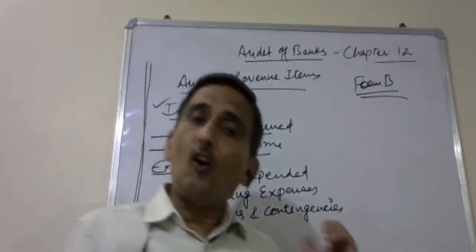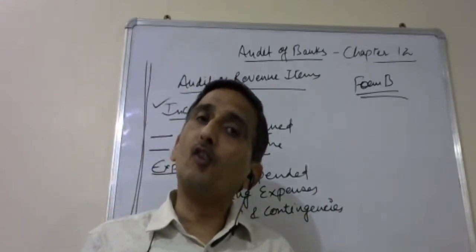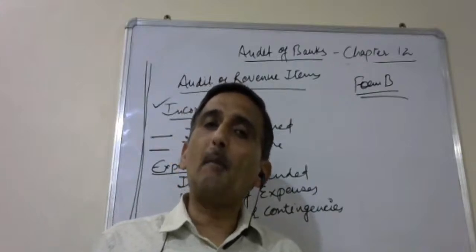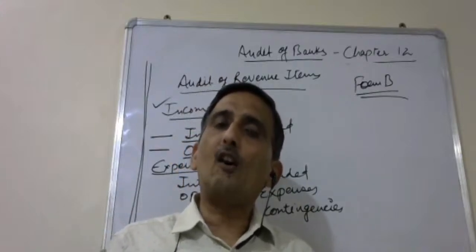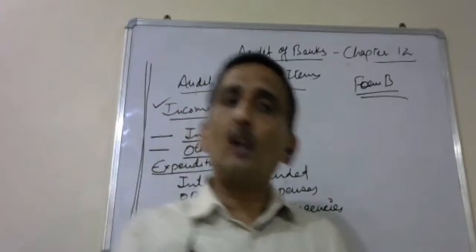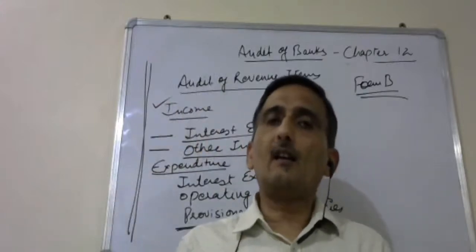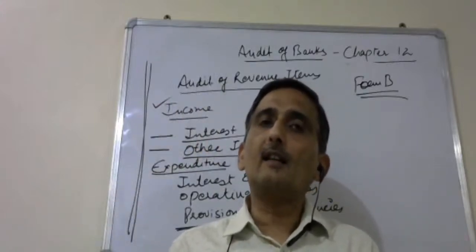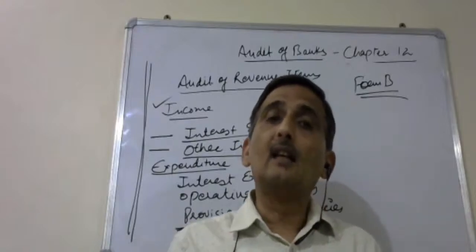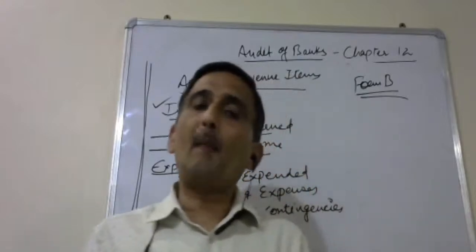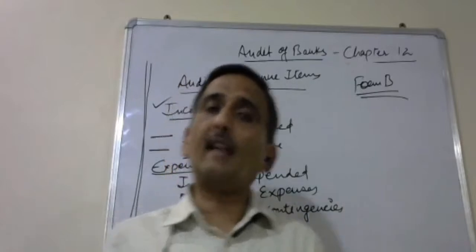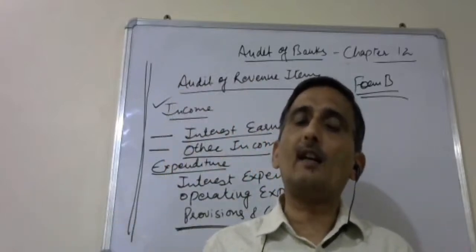All the taxation provisions would also be debited under this head. So the auditor would like to see whether all the calculations are in order. He would ask for the necessary calculations from management to check whether the provision for taxation has been made correctly or not.